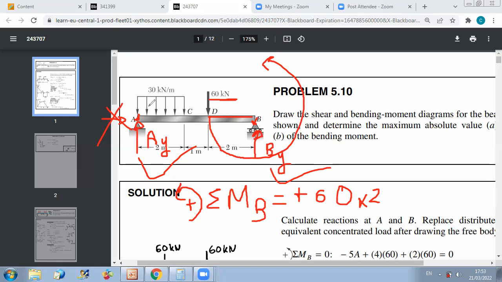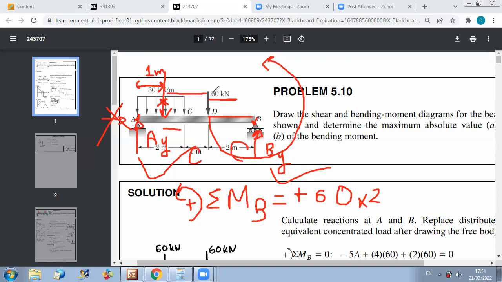Now, what about the distributed load? We know that for a distributed load, when we calculate external reactions, we can replace the distributed load by a concentrated force, and the concentrated force should pass by the centroid of this distributed load. Since it's a rectangular load, the resultant force of the rectangular load should pass by the centroid of the rectangle. This means that because we have 2 meters from A, the distance from A to this resultant force is just 1 meter. And therefore, from B, the distance will be 1 plus 1, 2 plus 2, 4.